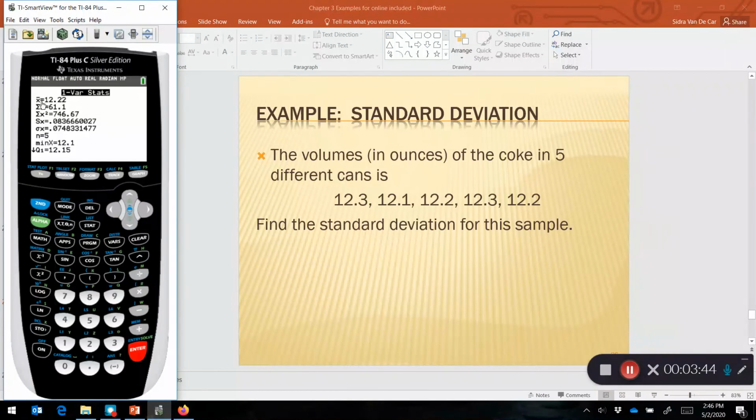And here I see that mean that we calculated, 12.22. My variance is the square of this number right here. This is my standard deviation, 0.084. So that's the standard deviation. So I actually have to square that, 0.08366, I think it was, and then square it to get the variance, and that would be my variance for this sample.